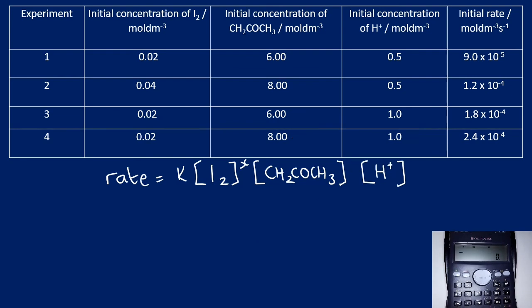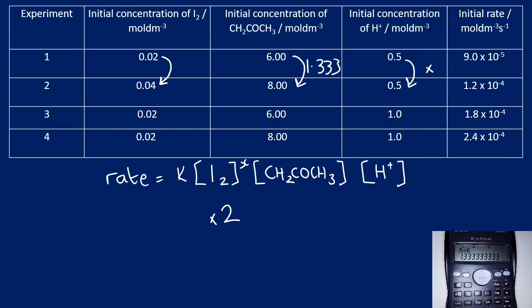So our rate equation is starting to take shape now. We've replaced our y and our z with 1s because we determined it was first order for those two. Now we need to compare two experiments where the concentration of I2 is changing. I'm going to compare experiments 1 and 2 because I2 is doubling. What's happening here? Well, it's going from 6 to 8, so 8 divided by 6, it's 1 1/3.